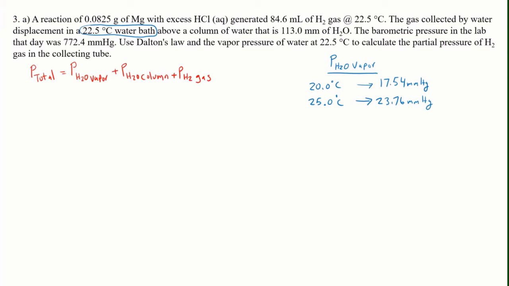We will need to know how the pressure changes per degree Celsius. In order to do that, we need to take the difference between the pressures and the difference between the degrees, and divide them by each other.